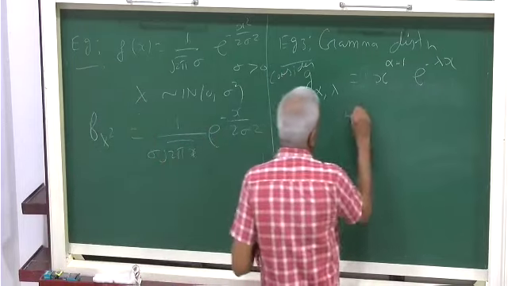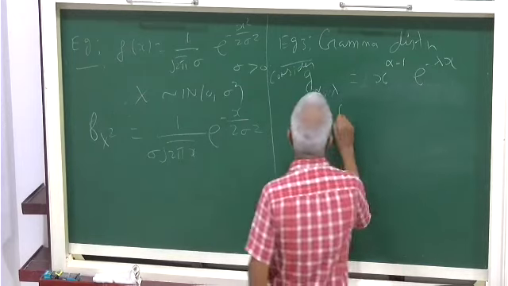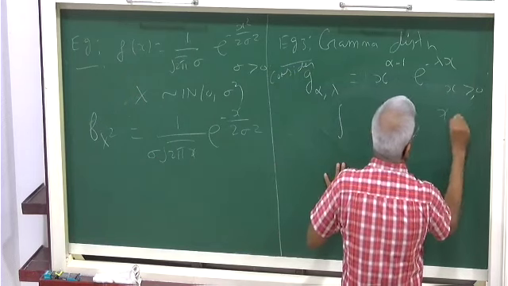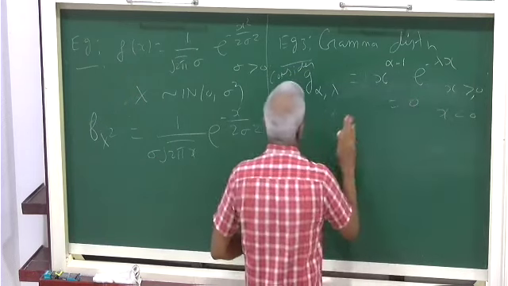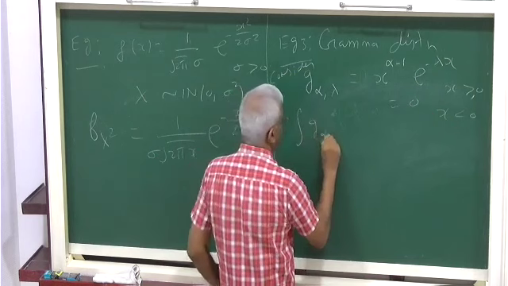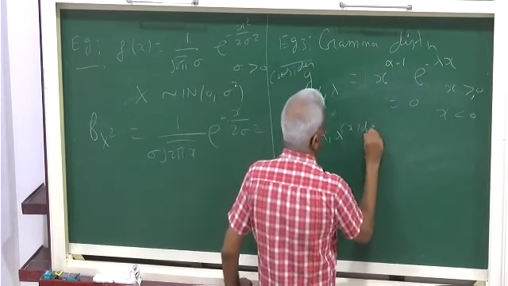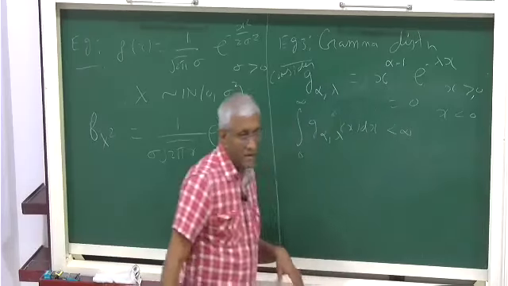This is an integrable function, for x greater than 0. At 0, it is equal to 0. Then the integral from 0 to infinity dx is finite. Can you see that?